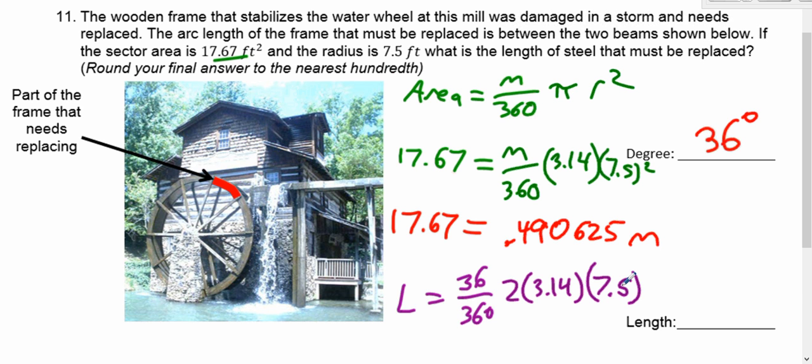And you multiply all that together. You get 4.71. The units of measure here are feet.